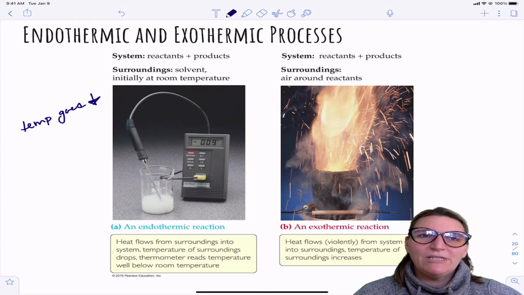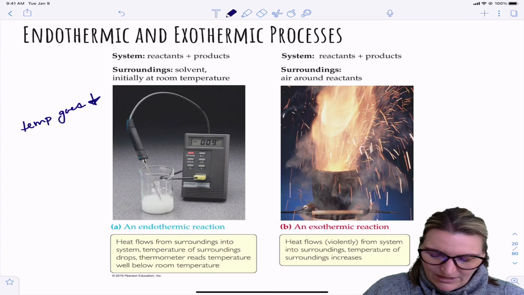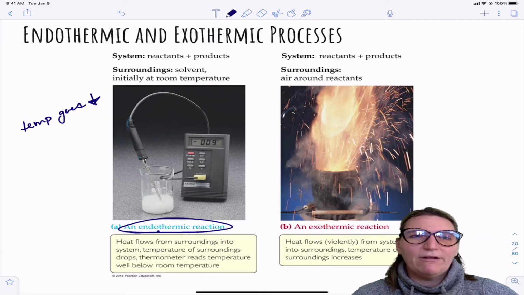If the temperature goes down, then what you are measuring is the surroundings. So if the surroundings lose energy, that must mean that the system gained energy. And that's why it's an endothermic reaction.